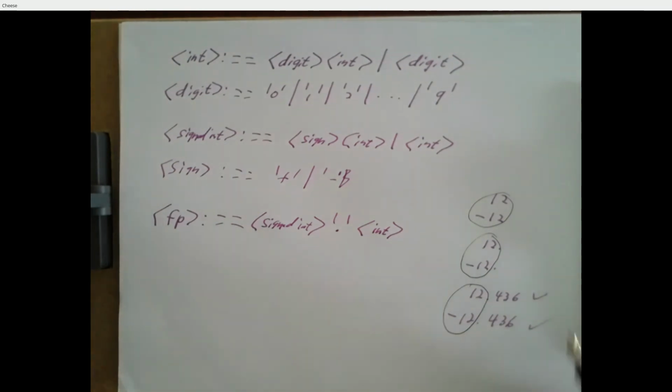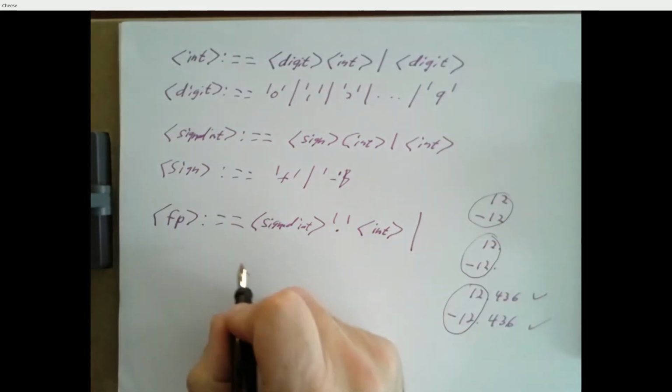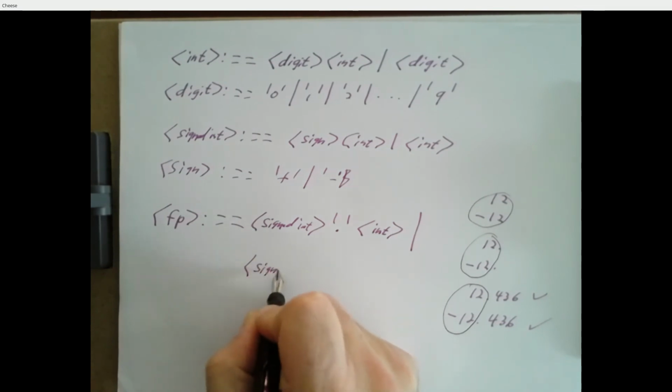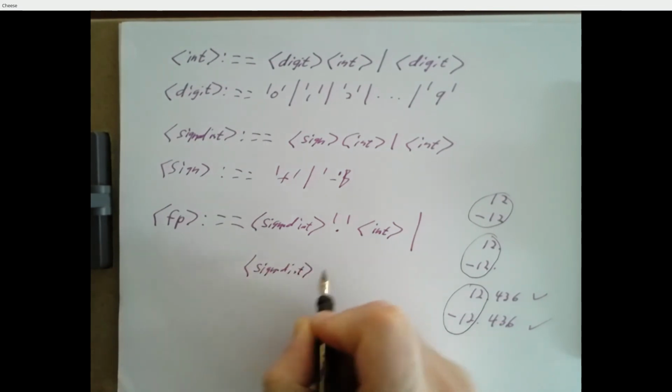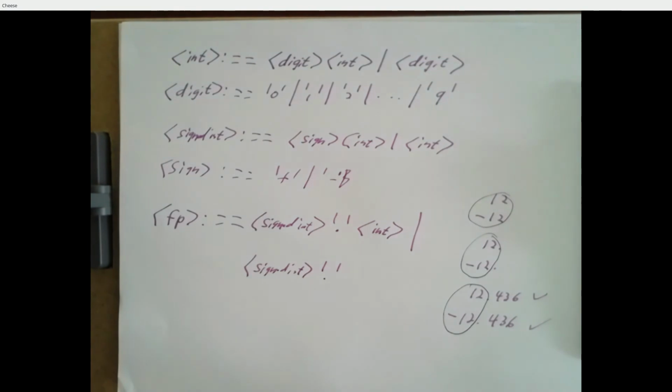That's these cases. Or it could be a signed int followed by a period with nothing else after it, or it could be just a signed int, which is these cases. And I think that gets us a floating point number.